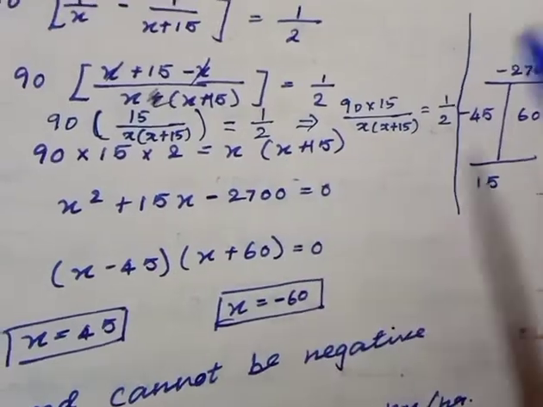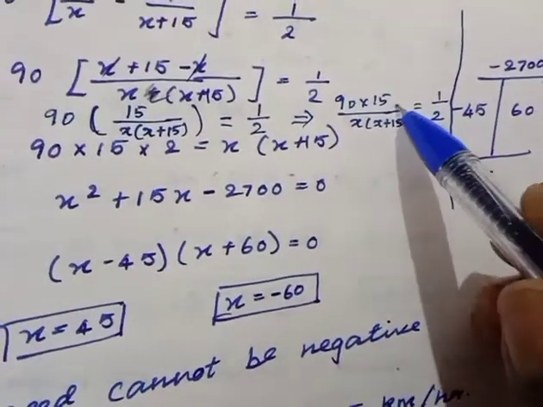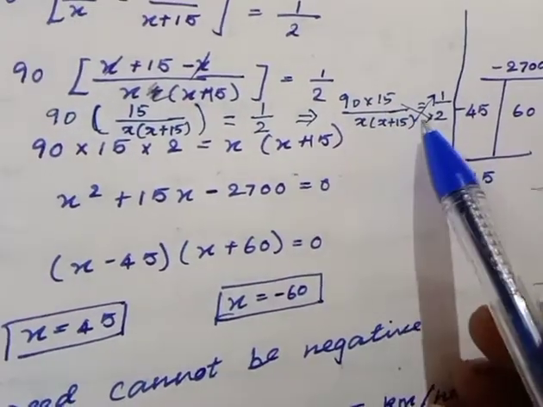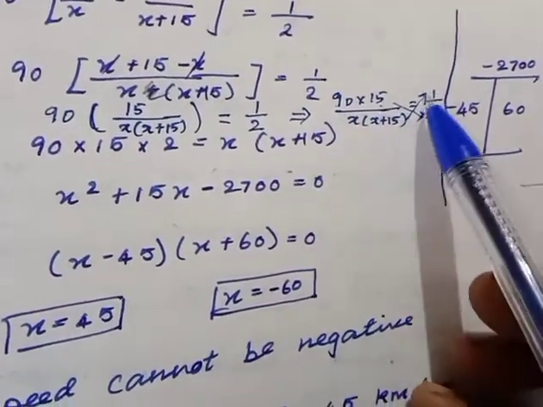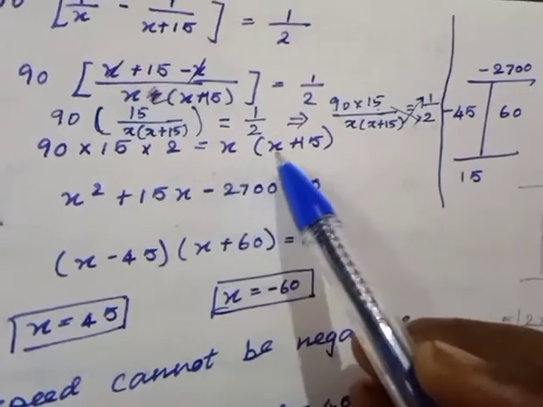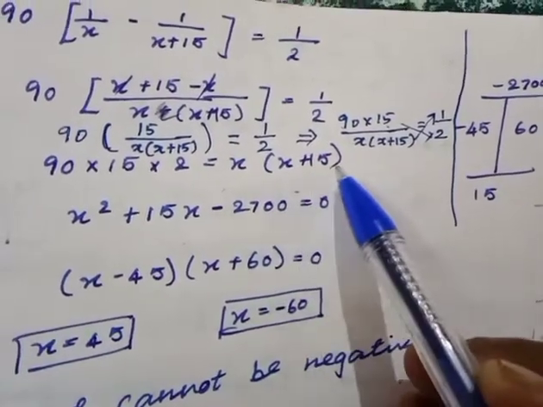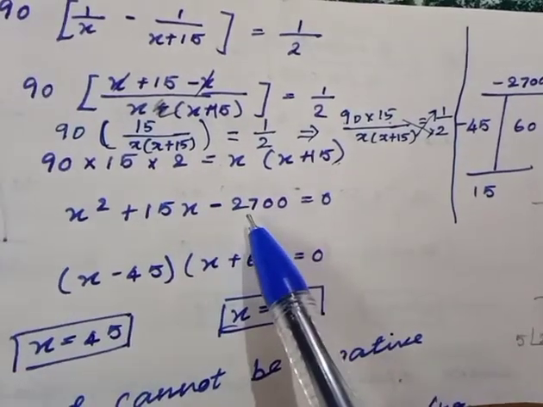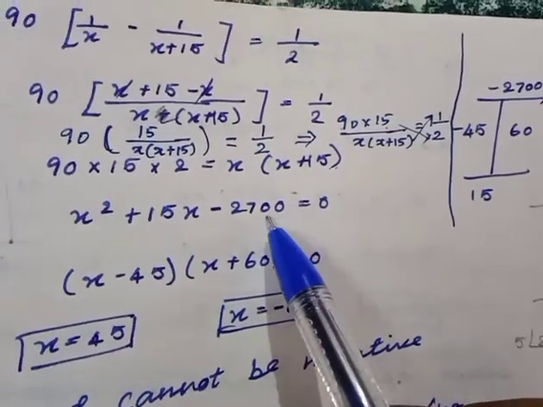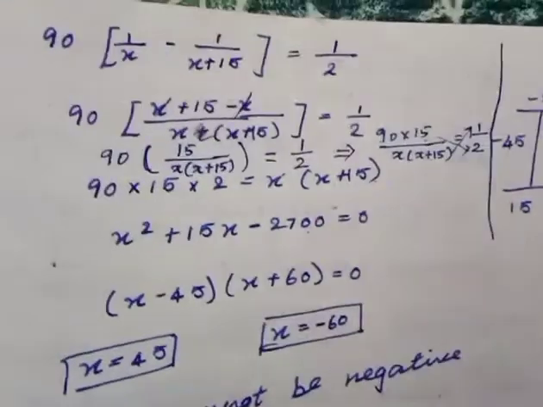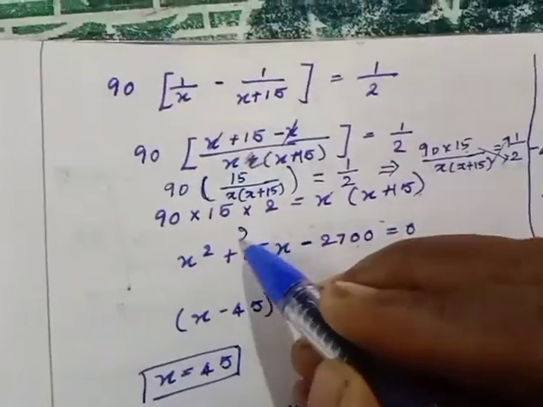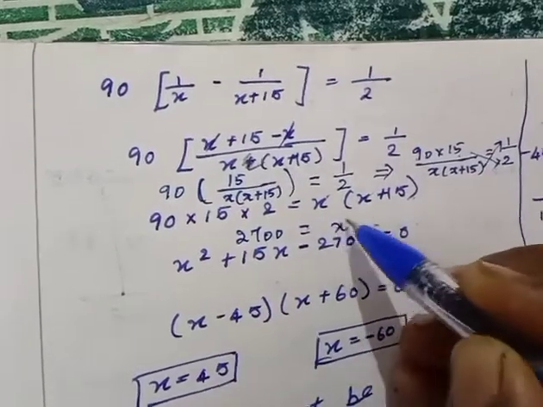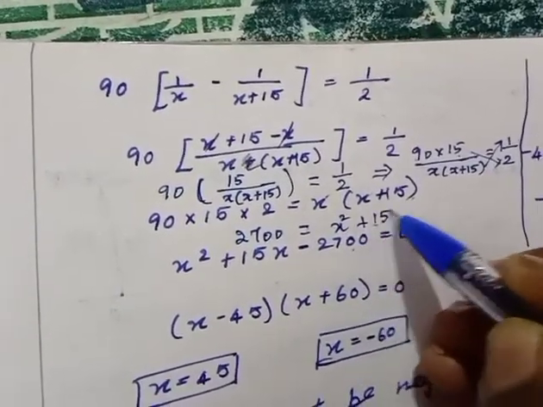Multiplying these three, you get 2700. So 2700 is equal to x into x plus 15, that is x square plus 15x.